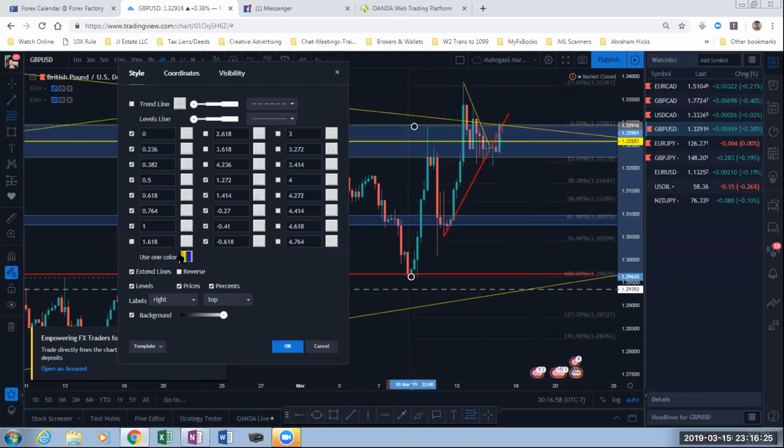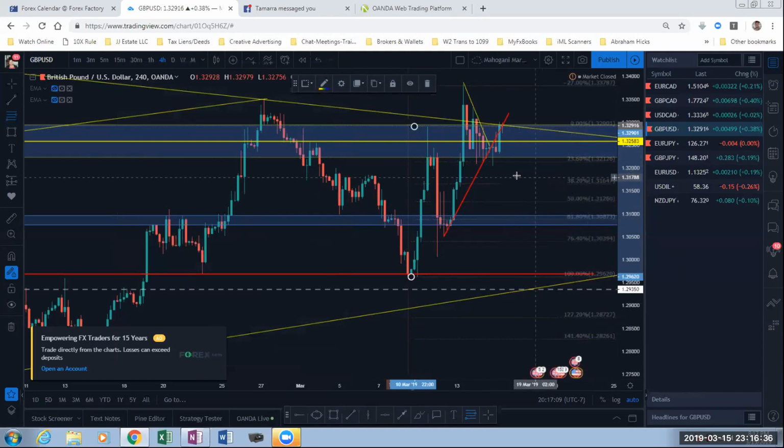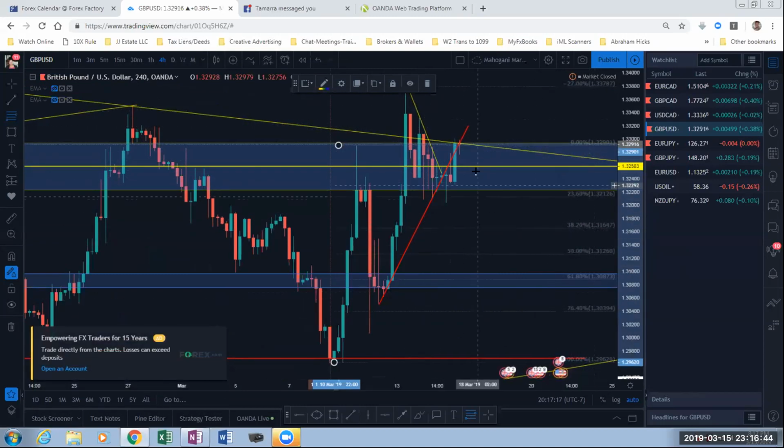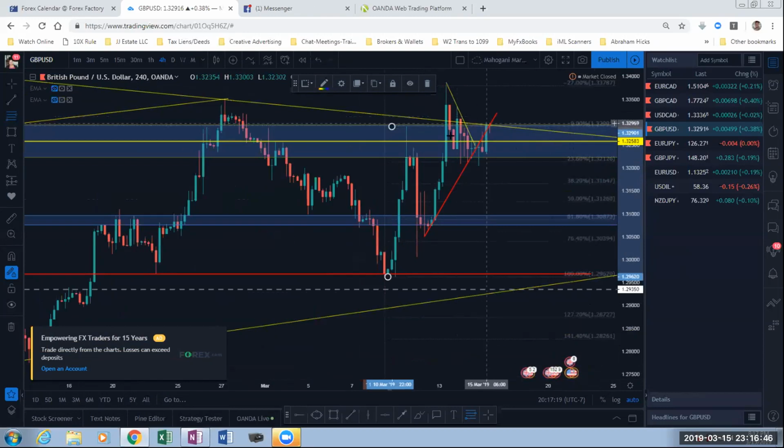I can change my colors. I can do whatever I need. Since I keep it on there, I like it to be pretty dull, so I want it to be in the background. So when I'm looking at my Fibonacci, it's over to the side so I can still trade without all the stuff on there.